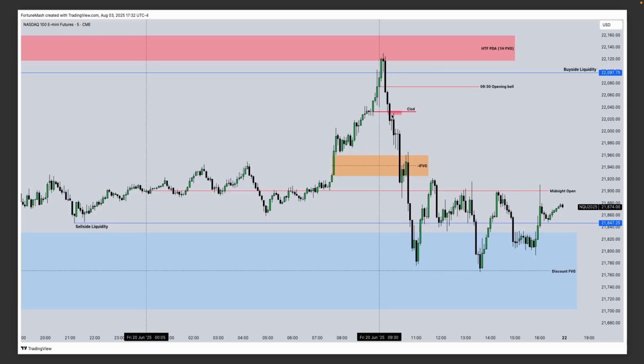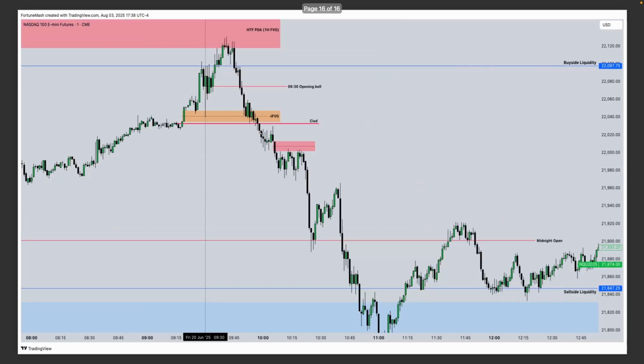One could have a trade after we close below the up close candles, have an entry here, and your stop would be at the mean threshold of this bearish order block, forming the change in state of delivery, because price was just delivering high, and when we broke lower, this now tends to be our change in state of delivery. So we have an FVG, a nice FVG there. One could have a trade there leading into that discount FVG, taking out the sell side liquidity, which is our relative equal lows. So now let's move to how we took the trade.